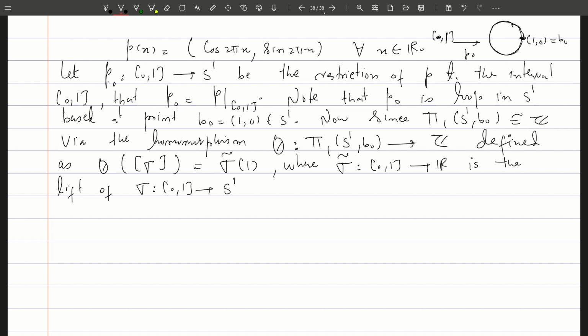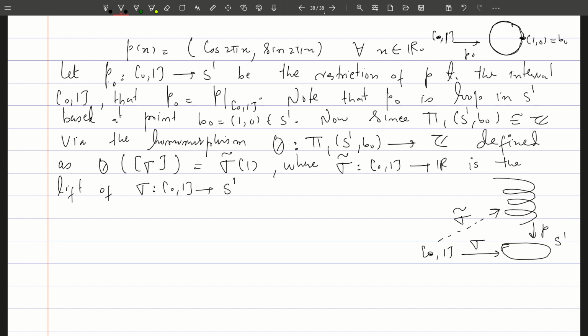So the situation here is like this. This is our real line, and this is the circle S1 here. This is the covering map. From 0 1 to S1 we have the map sigma, and this is the lift of sigma, which is sigma tilde. So theta maps the homotopy class of sigma to the endpoint of its lift.